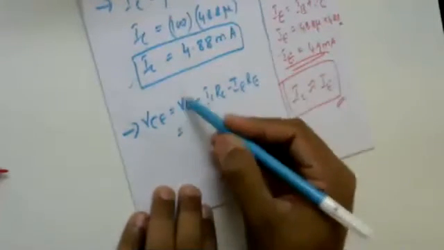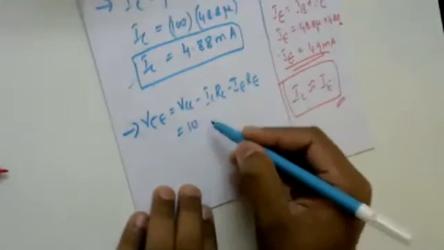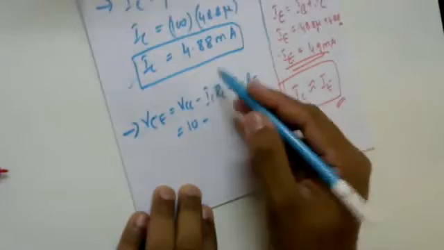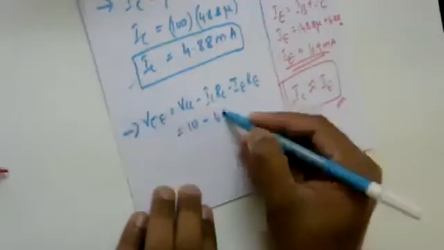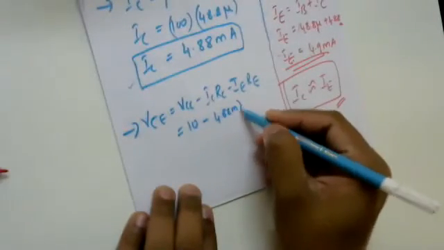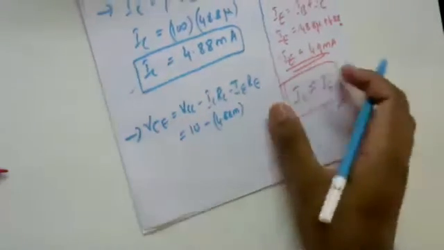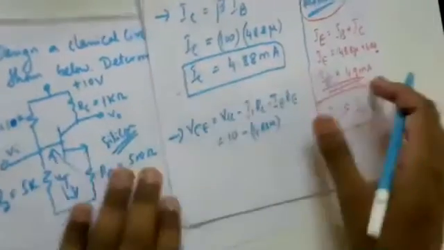So I know the value of VCC is 10. The value of IC I have computed as 4.88 milli into the value of RC. What's the value of RC? We have the circuit. The value of RC is 1K.